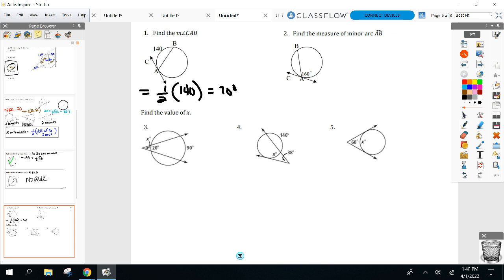So you're finding the major arc first. Yep, that'll be 320. And then 360 minus 320 to find minor. Yep. Did anybody do the linear pair to 160 and then multiply that by 2? There's the other way. Perfect. Either way, minor arc will be 40.